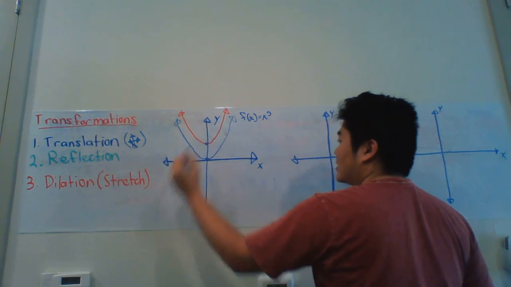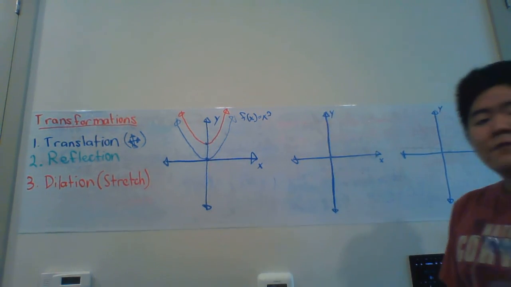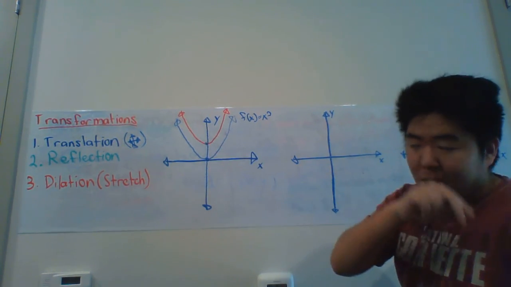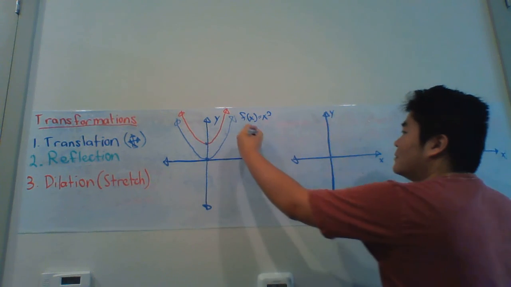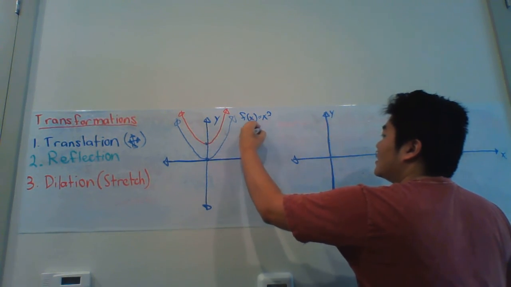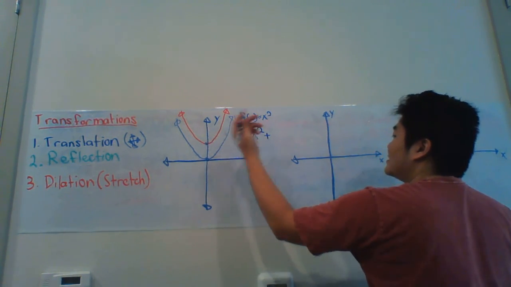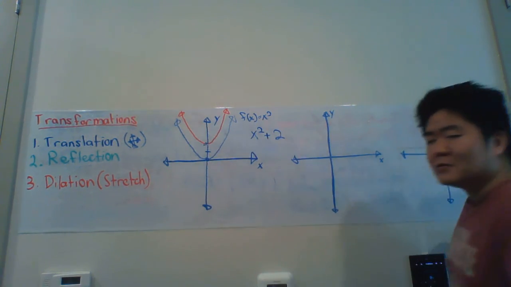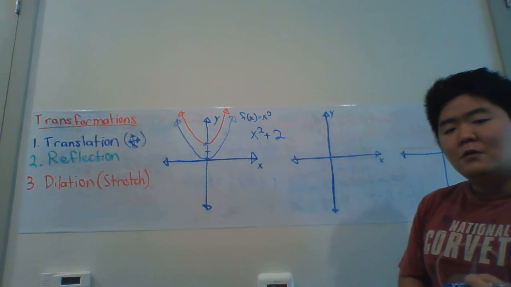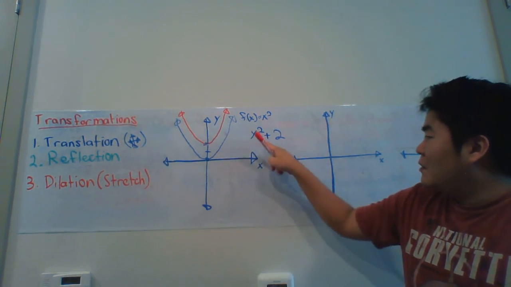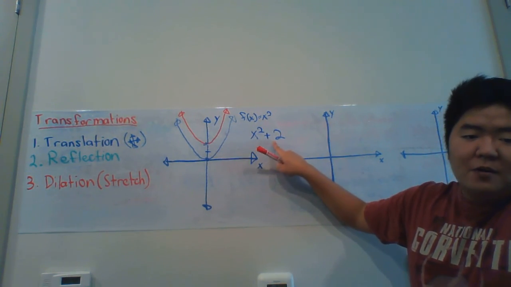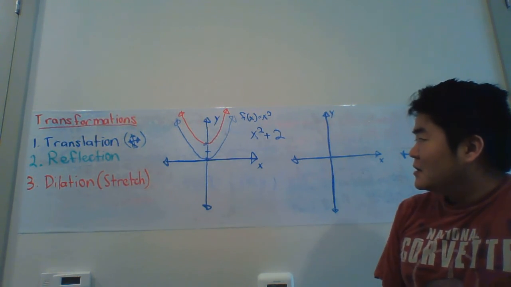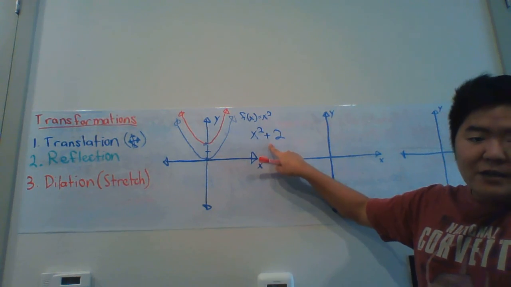How did the vertex move? And you see that all I did was move up. Well, we know from yesterday that means all we have to do is add it. Let's say this is 2, so x squared plus 2. If it moves up, all we have to do is add how much it moved up at the very end of the function. So that's how you would have seen it yesterday.